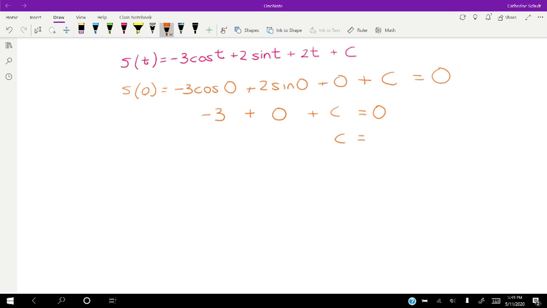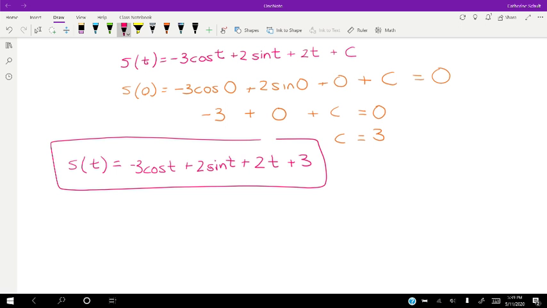Solving for c, we get 3. And we have our position function: negative 3 cosine t plus 2 sine t plus 2t plus c, but that c just became 3. And that's your solution, just finding the antiderivative.